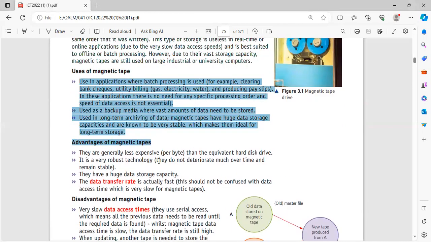So you can go through these. First go through the uses. This part.